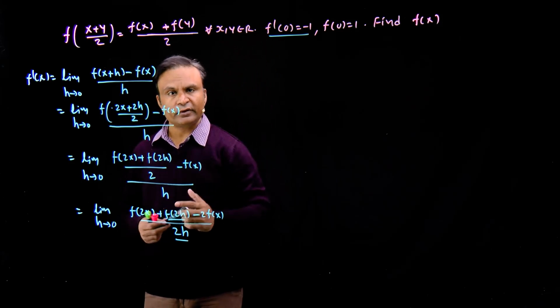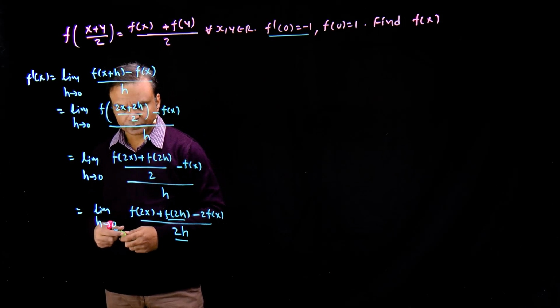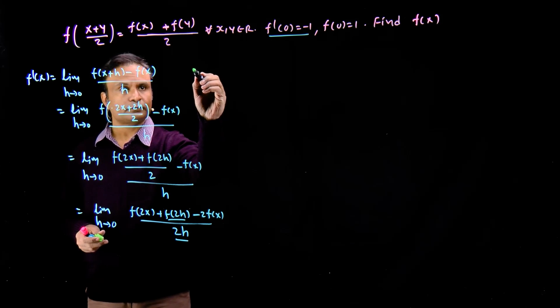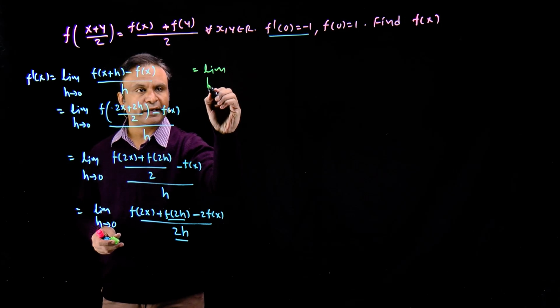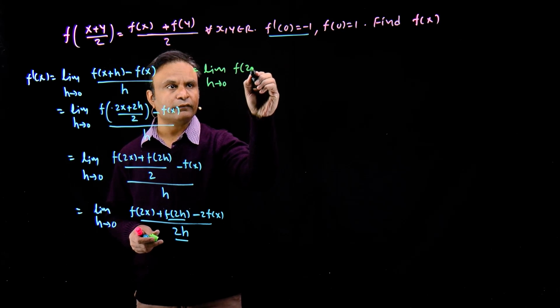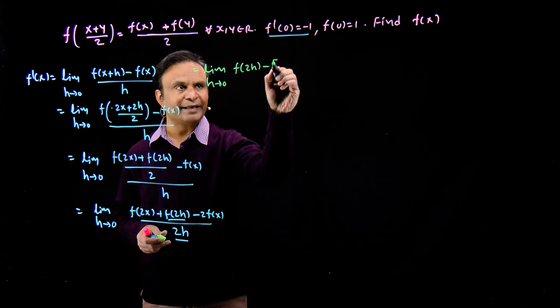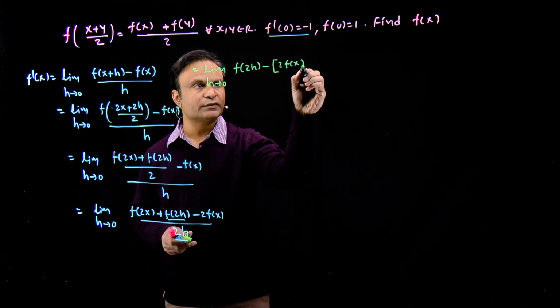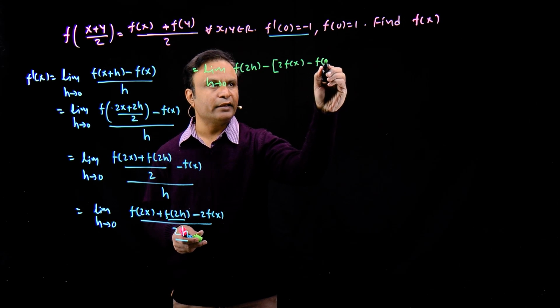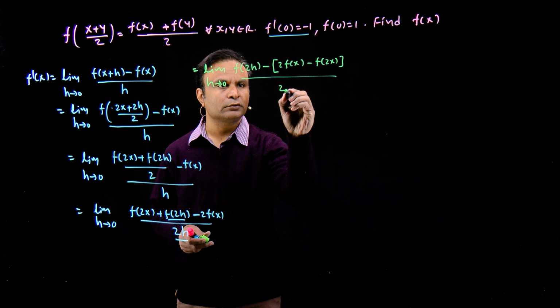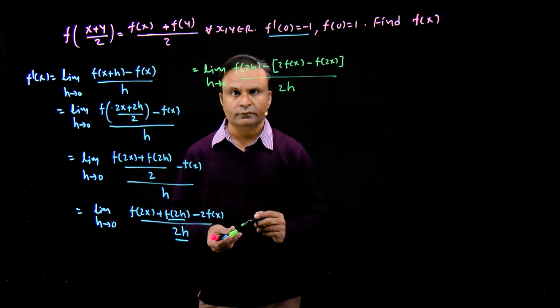So keeping this value in mind, I can write this as limit h tends to 0 of [f(2h) − (2f(x) − f(2x))]/2h.